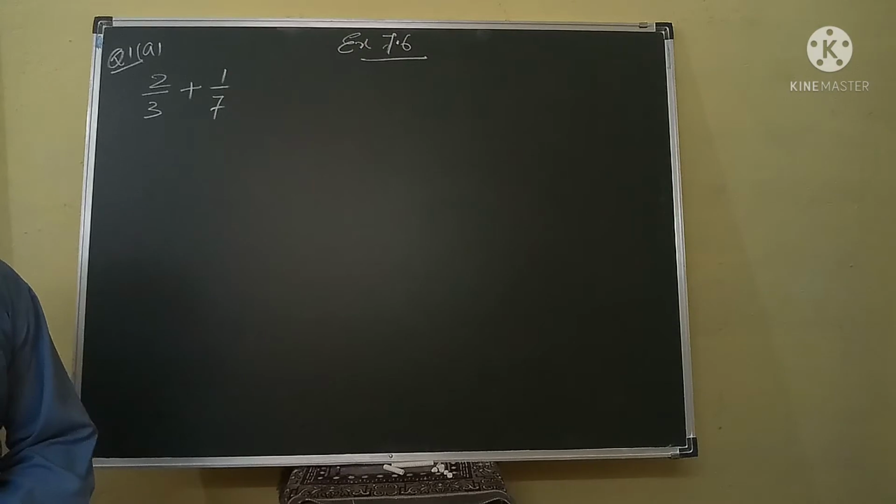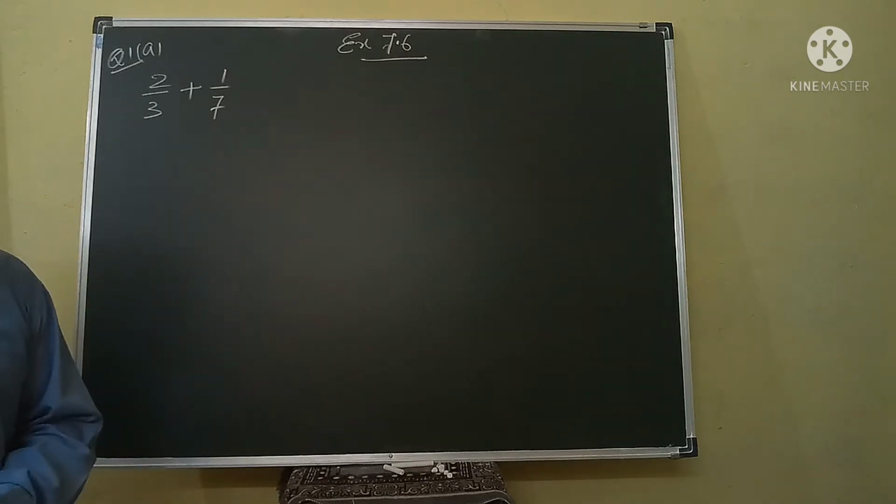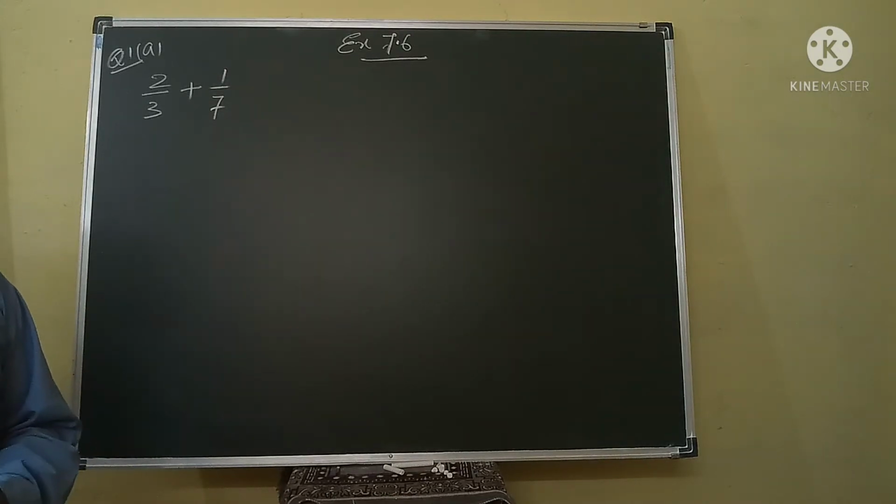We will discuss exercise 7.6. My dear students, exercise 7.6 depends on the addition and subtraction of unlike fractions.